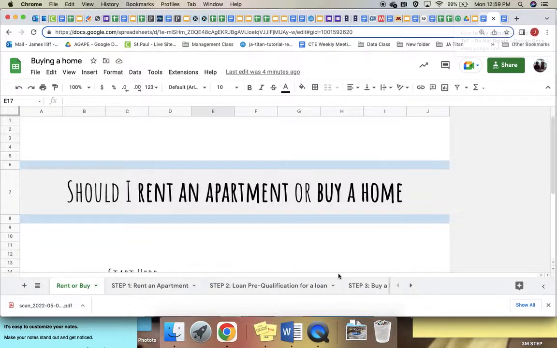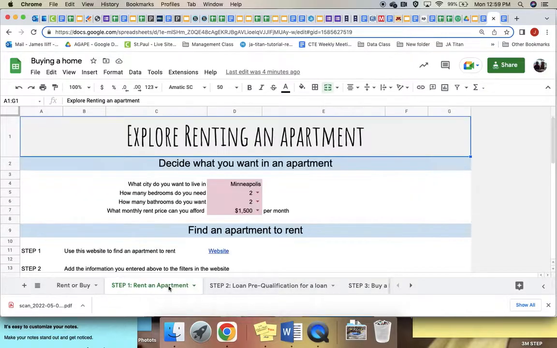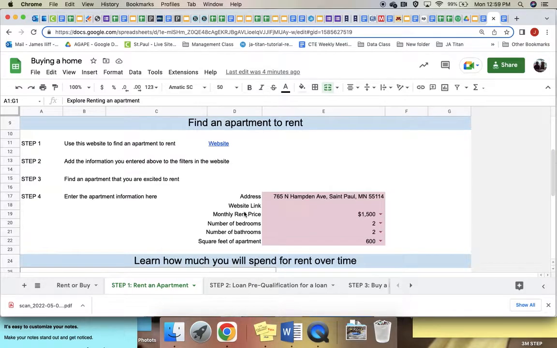Long story short, the students are going to be first renting an apartment. So they're going to go out to like Trulia and these other websites, in this case apartment.com. They're going to figure out what kind of apartment they want, what price they can afford. Then they're going to go out and find an apartment to rent, and put all their information right here.